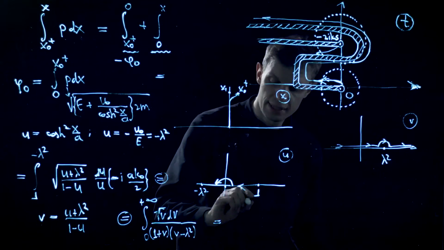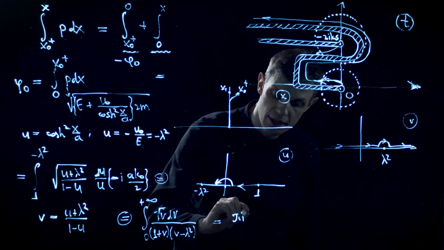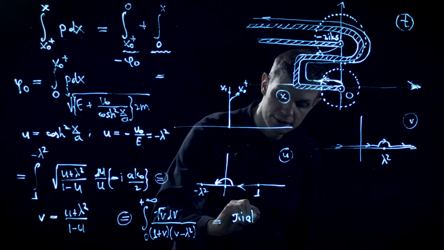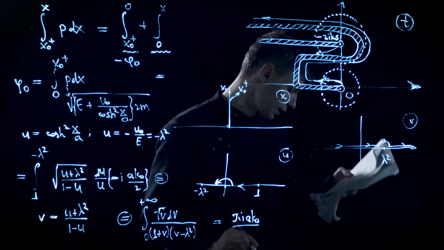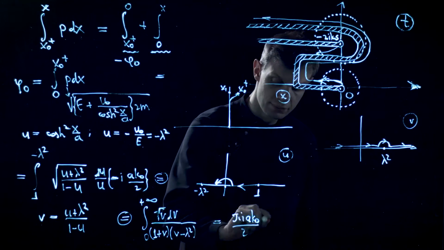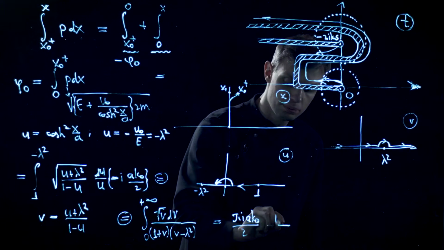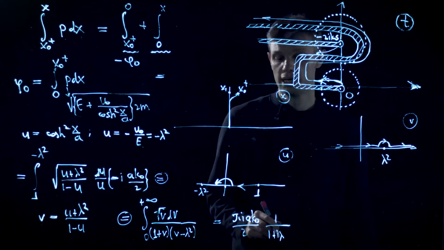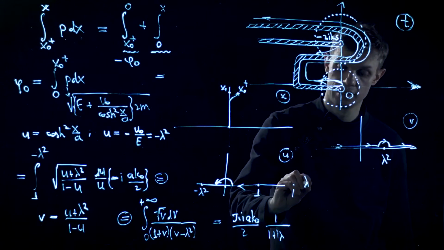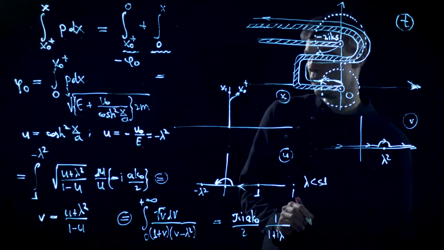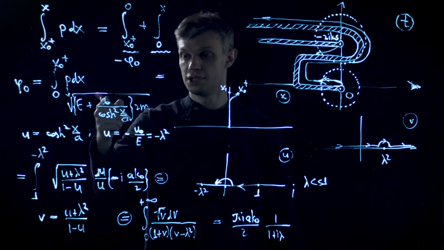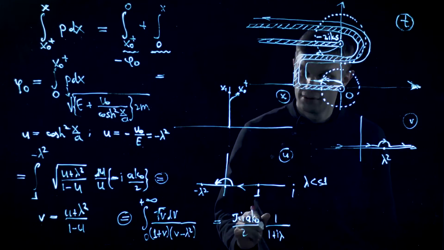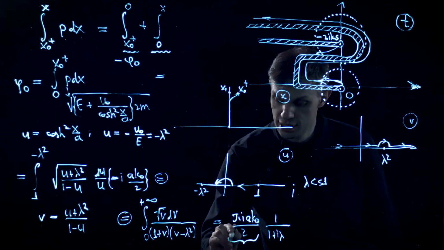What you get in the end is pi i a k naught over 2, times 1 over 1 plus i lambda. As you remember, lambda is much smaller than 1 because we consider the shallow potential well, and so this factor is dominant.